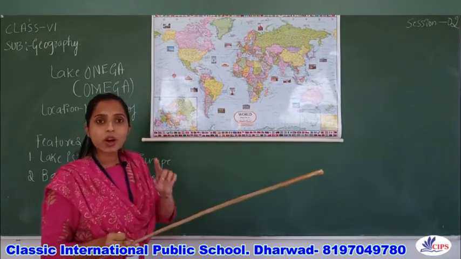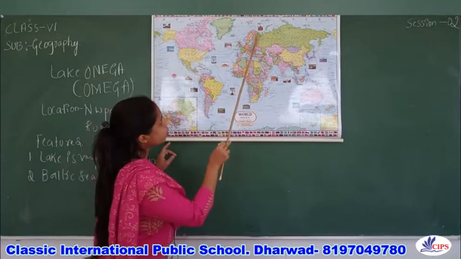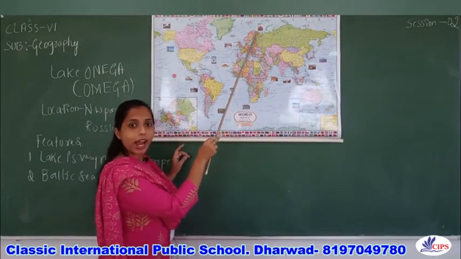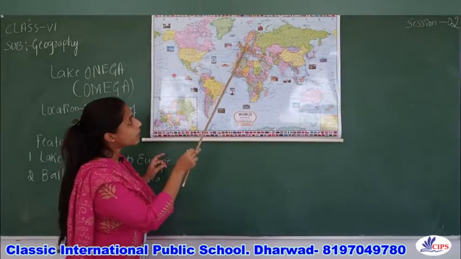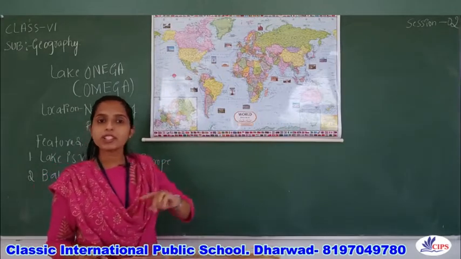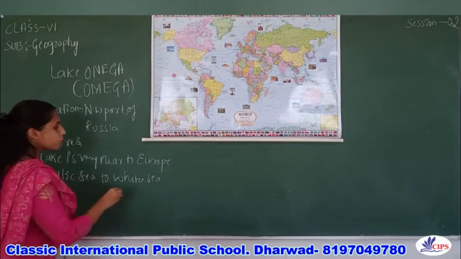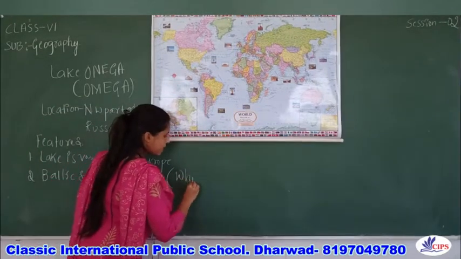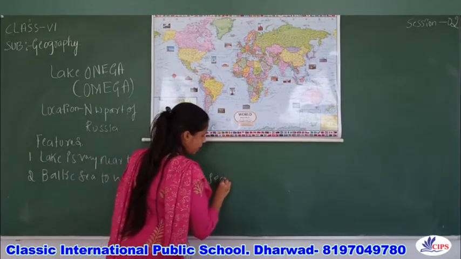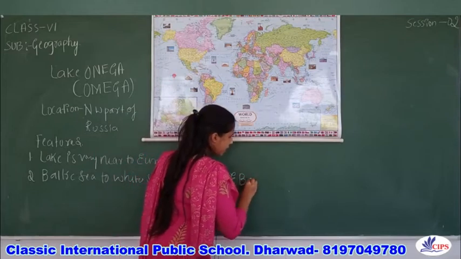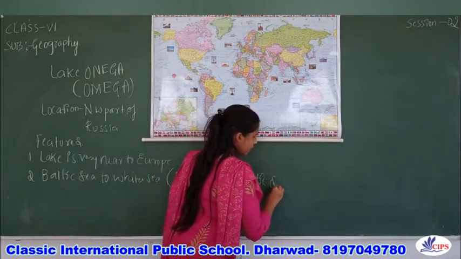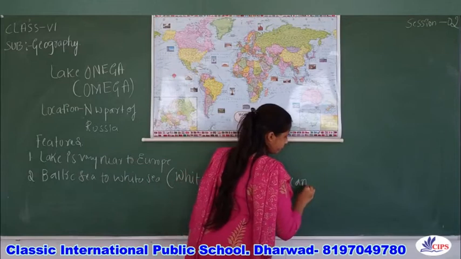And this Lake Onega is connected to the White Sea and the Baltic Sea through the White Sea Baltic Canal. Through which canal? Through the White Sea and Baltic Sea Canal.